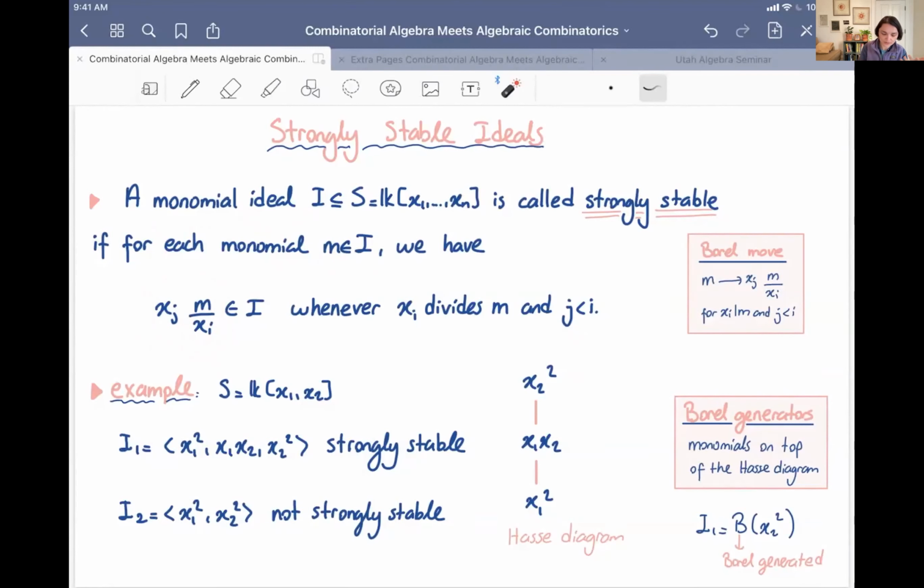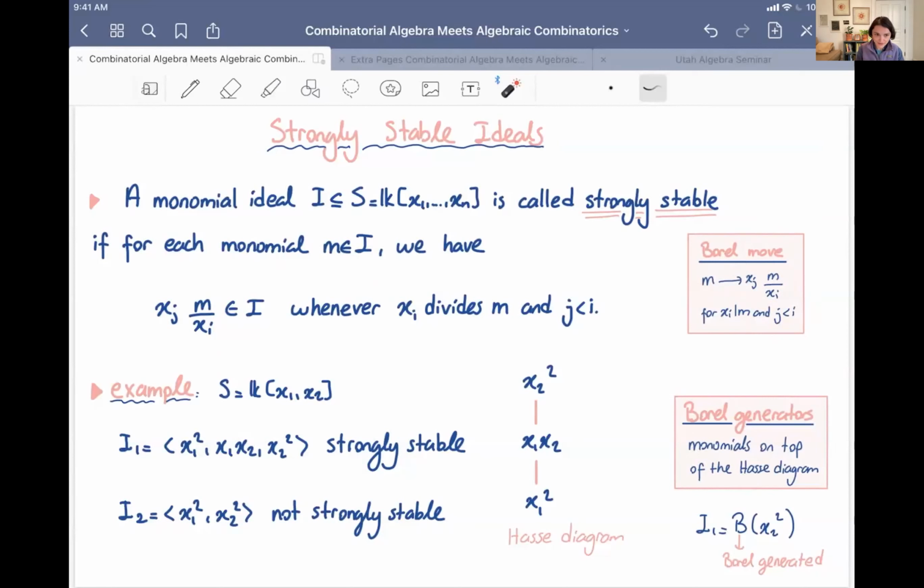The process of obtaining a new monomial by replacing a variable with one of lower index is called a Borel move. So I'm replacing m with this one when these conditions are satisfied. Strongly stable ideals are closed under Borel moves.